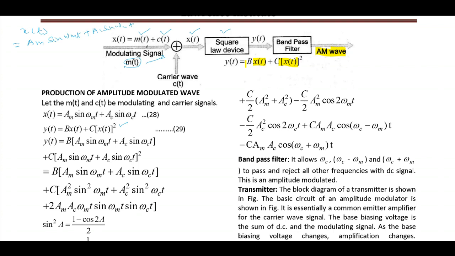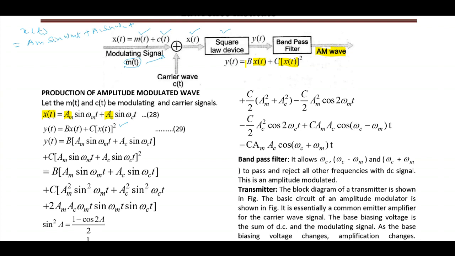Now, what role is performed by this square law device? So this is the input x(t), Am sin omega m t plus Ac sin omega c t.